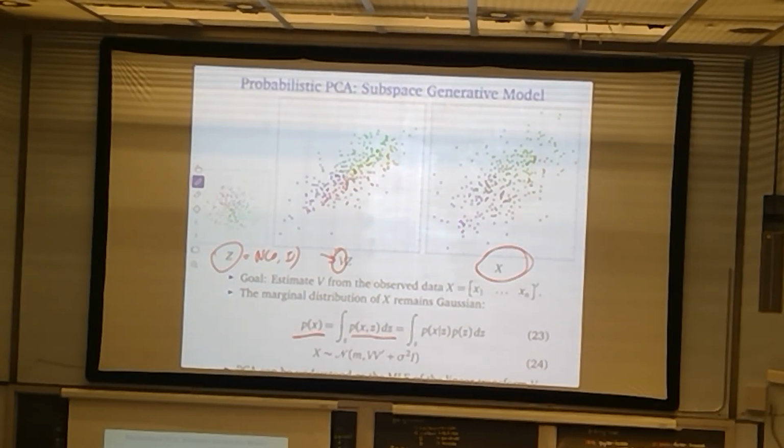And this can be written using Bayes' rule. It becomes the prior over z and the conditional probability. Both are Gaussian. If we multiply two Gaussians together and they're conditionally independent, then the exponents just get added together. In the end, X is just V V transpose, the signal variance, plus this noise variance.